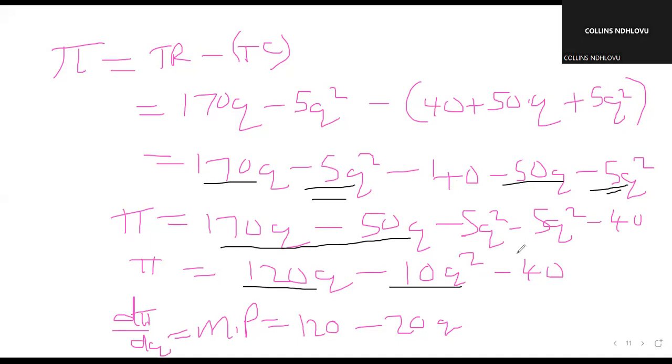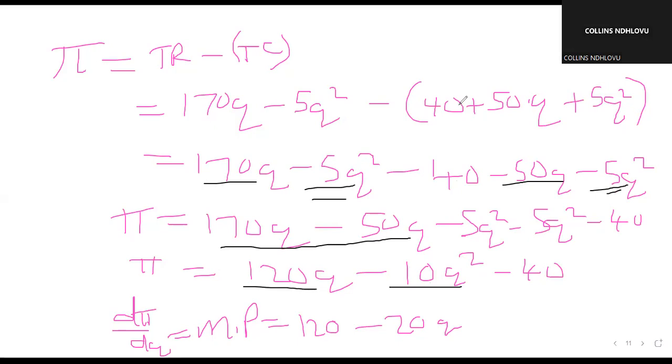Is that clear so far? Yes. Then when you differentiate the profit function, 120Q is 120. 10Q squared is 20Q minus 40. So this is called the marginal profit. Okay.